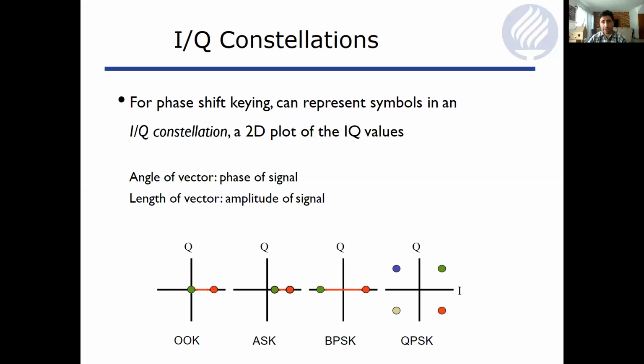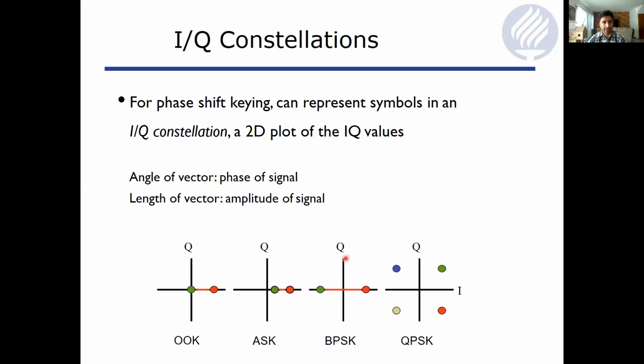The way to think of it is if we take these IQ values and we represent them in a 2D grid.